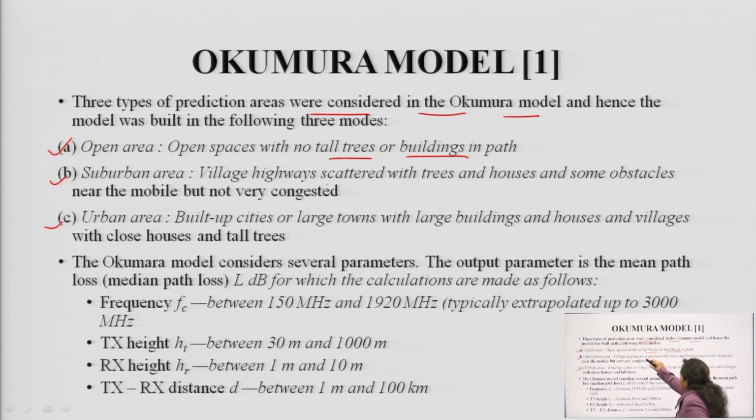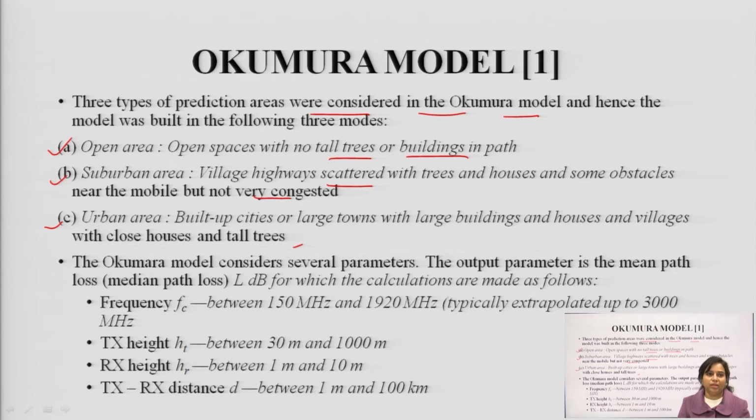Suburban areas are village highways scattered with trees and houses and some obstacles near the mobile, but not very congested. That is known as the suburban area. Urban area is built up cities or large towns with large buildings and houses, and villages with close houses and tall trees, which means very congested areas come under urban areas, whether we are talking in terms of population or houses.